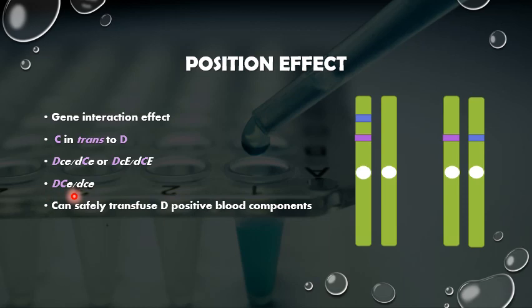In cis position, in chromosome, this one. In this case, the D antigen is structurally complete, and these individuals are still D positive in immediate spin. Individuals having this mechanism can be safely transfused with D positive blood components.